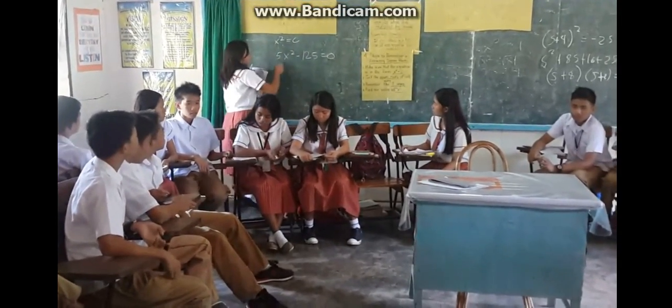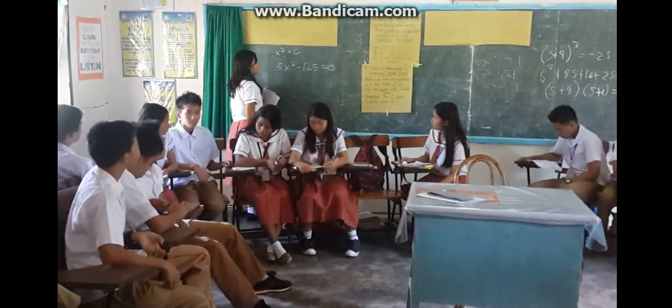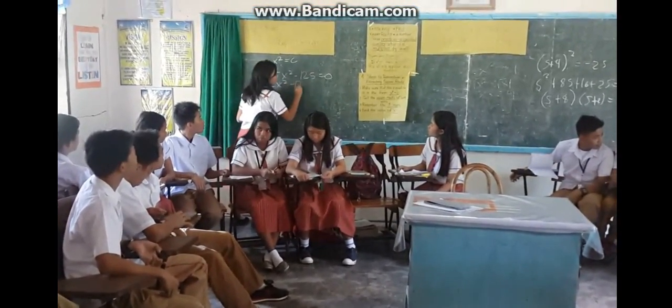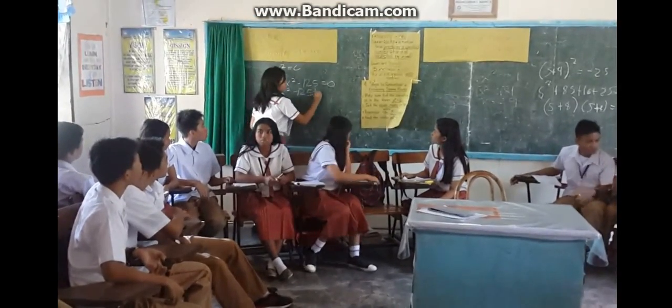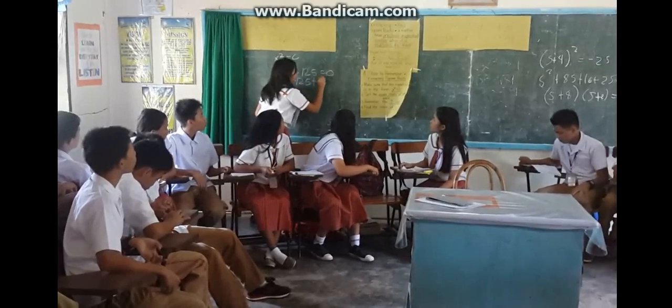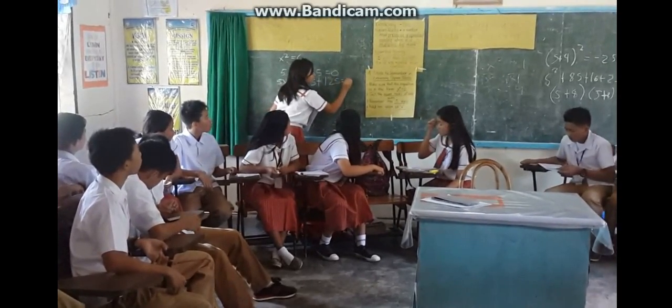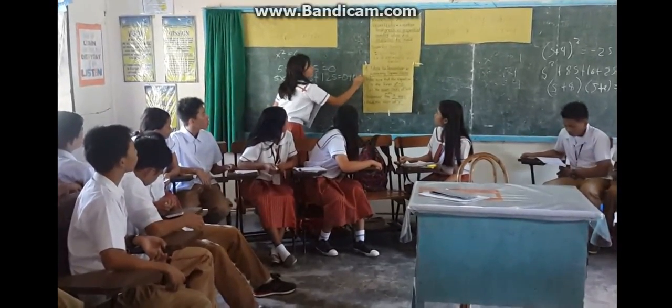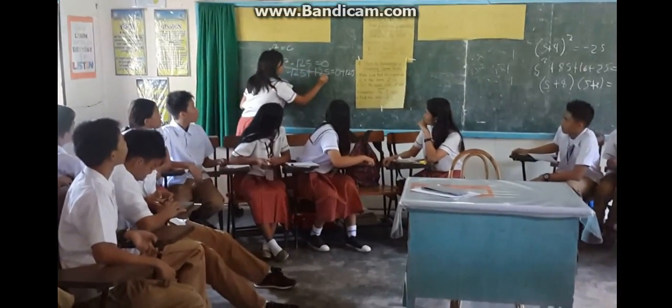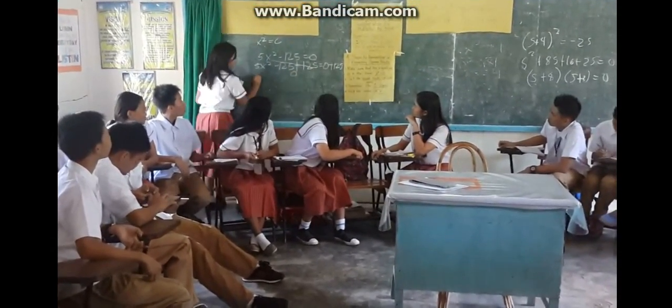Then use the addition property of equality. 5x squared minus 125, then add the opposite of this number. So the opposite is positive 125. 0 plus 125. So this will be cancelled.